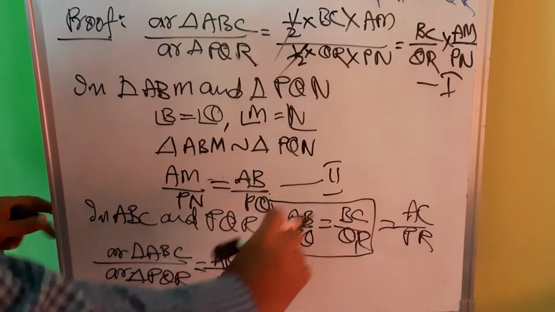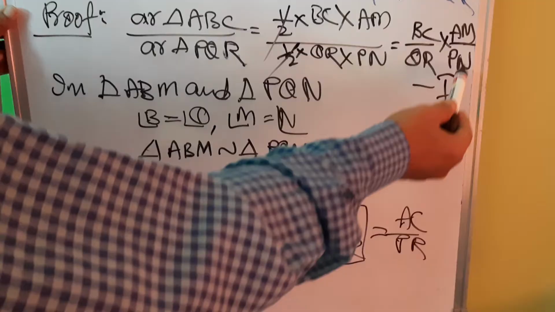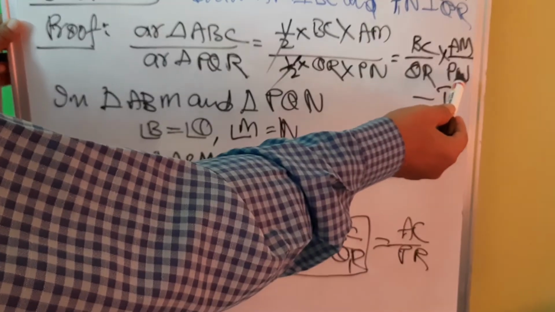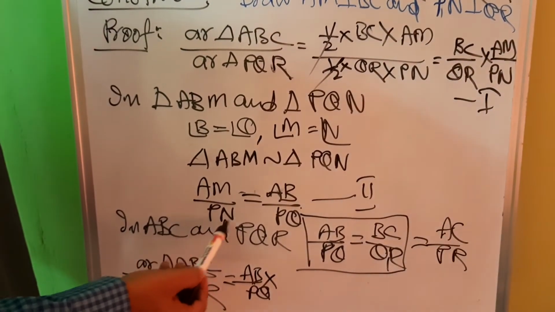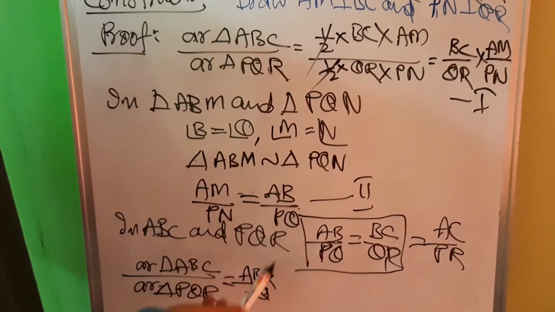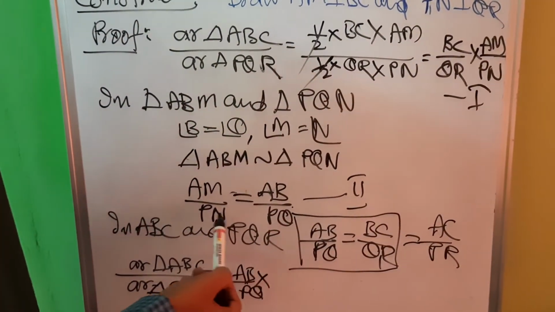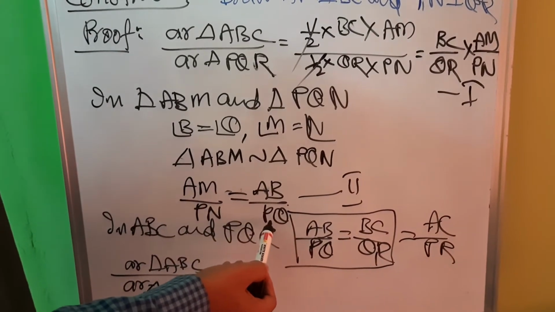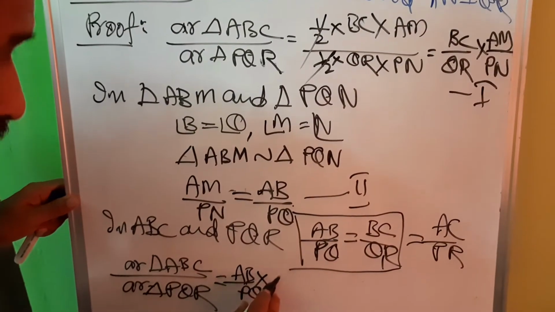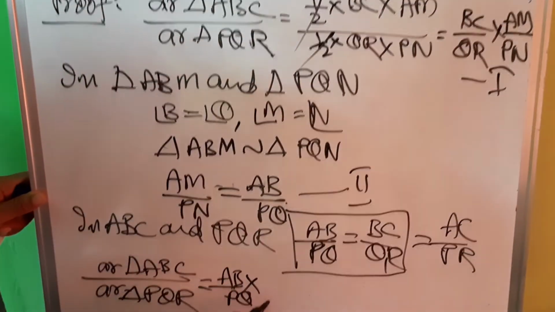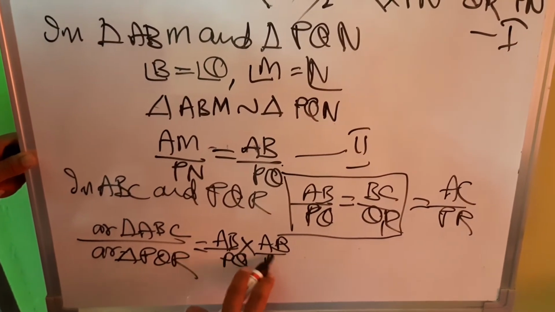Instead of AM by PN, according to the second statement, we can write AB by PQ.